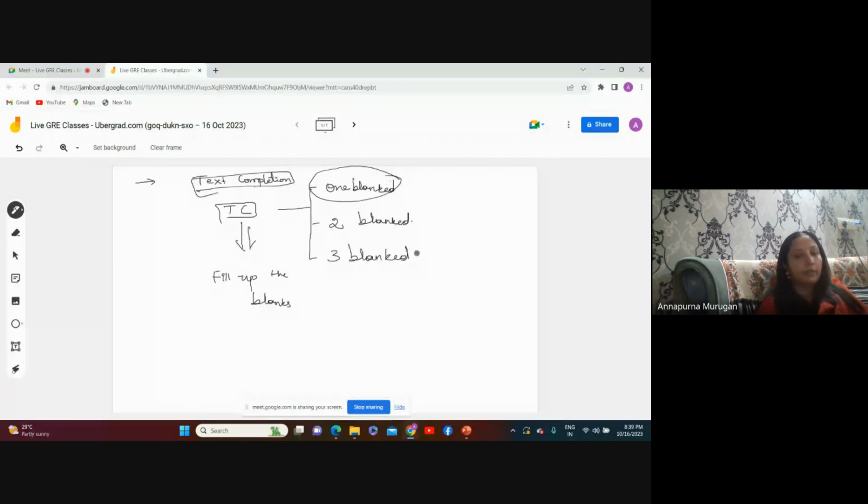So we'll have three sets under TC only. That means one fill in the blank, two fill in the blanks, or three fill in the blanks in one question itself. And now we have one more thing, that is sentence equivalence.